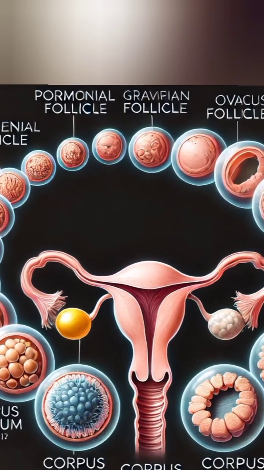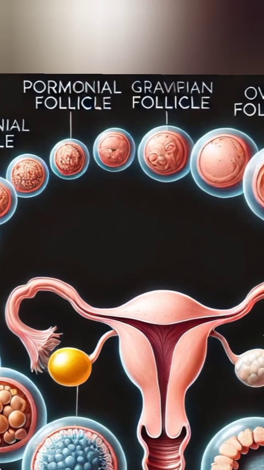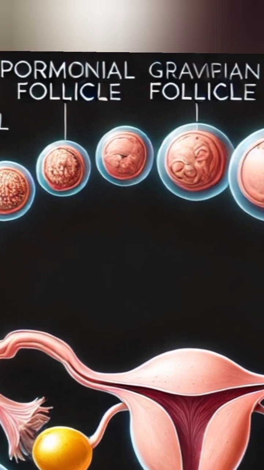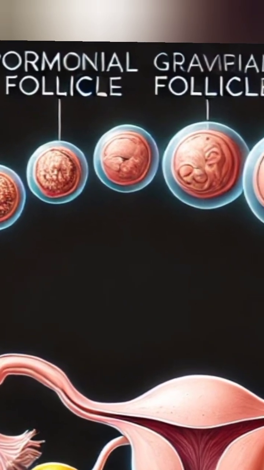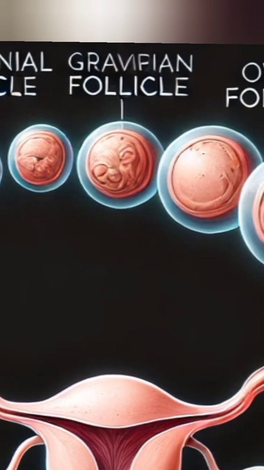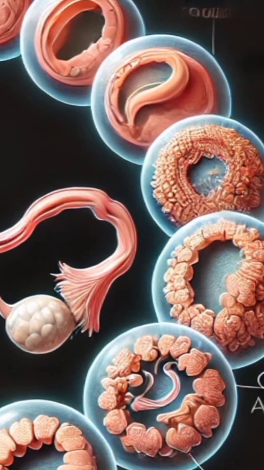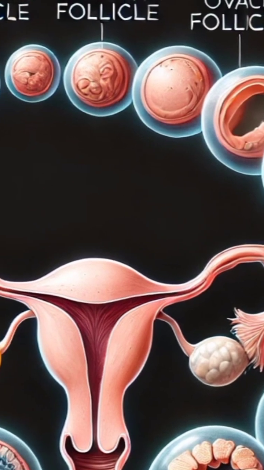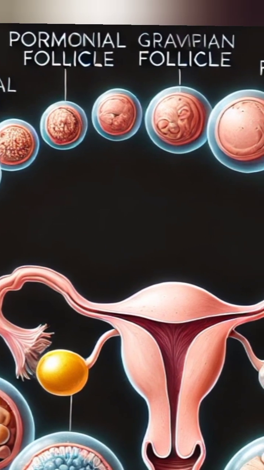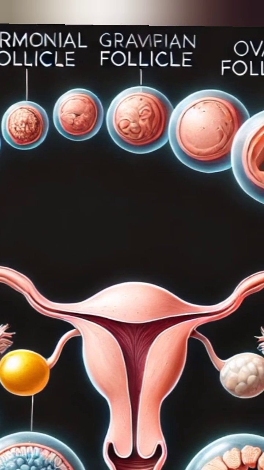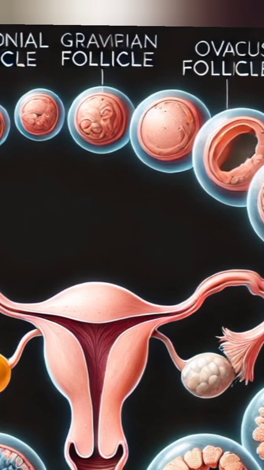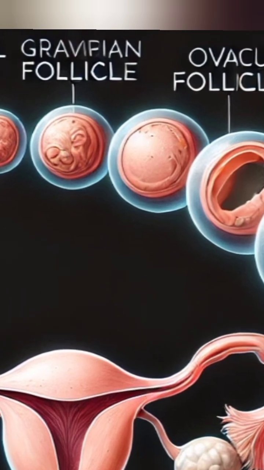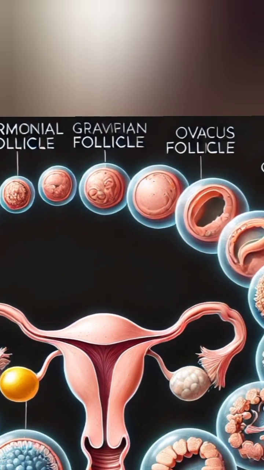FSH, follicle stimulating hormone, secreted by the anterior pituitary gland, stimulates the development of the primordial follicles. The developing follicles will be filled with fluid and secrete increasing amounts of estrogen. Typically, 5 to 11 primary follicles begin to develop in each menstrual cycle, with one reaching maturity, and that one is known as the dominant follicle or the Graafian follicle.